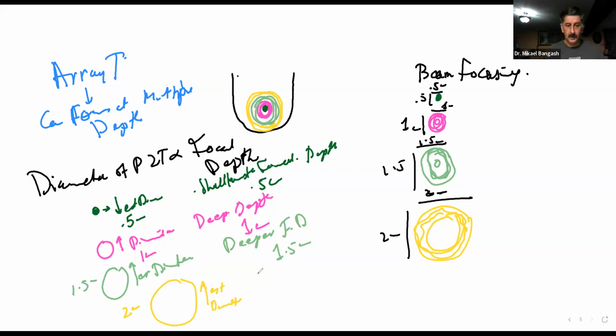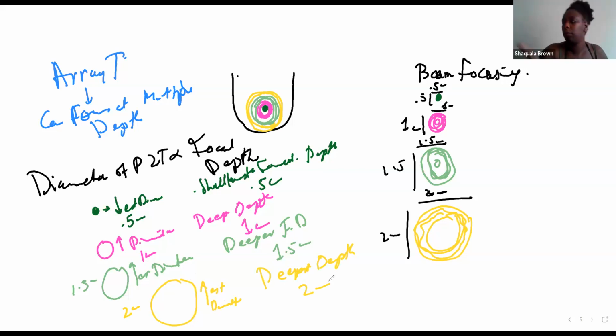So out of all these, that's going to be focusing at the deepest depth, which we presumably said is 2 centimeters. Did that make sense?